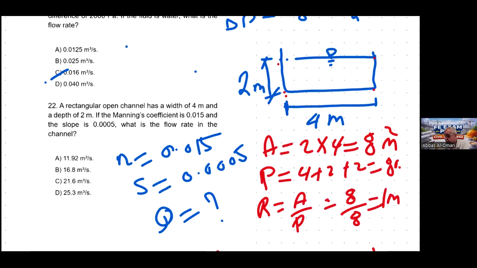Okay, so now we know the area, we know R, we know the Manning coefficient, and we know the slope. So we can apply the Manning equation to determine the flow.